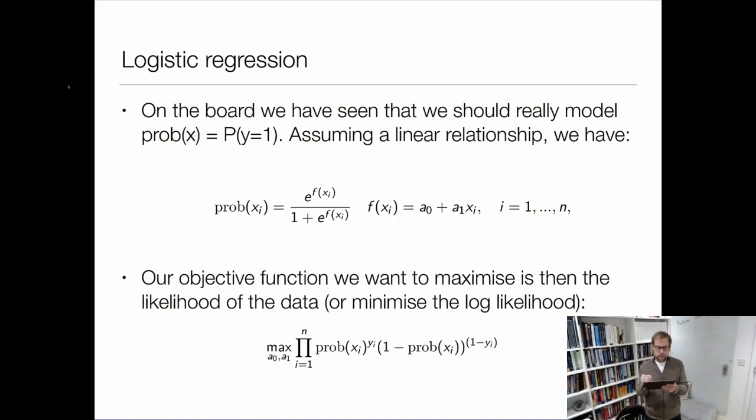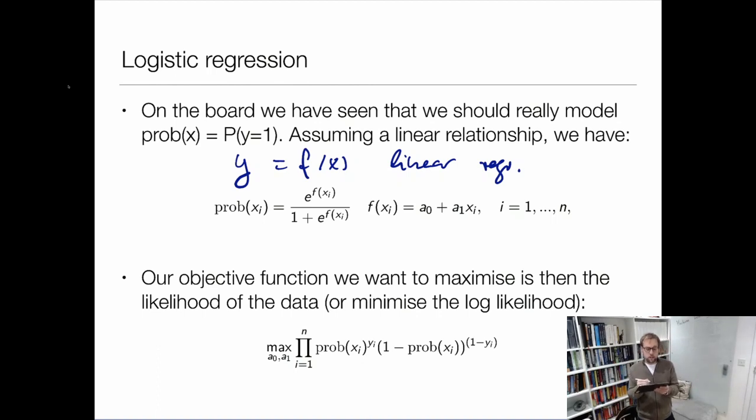So let me just write it out to make it clear. In linear regression, let me choose a different color. In linear regression, I model y by a linear function f of x. This is just linear regression. Y is a continuous variable, modeled as f of x. Now in logistic regression, I model the probability of the class label p.